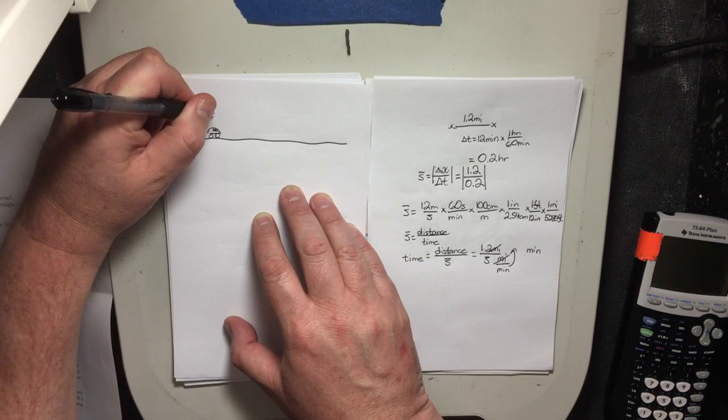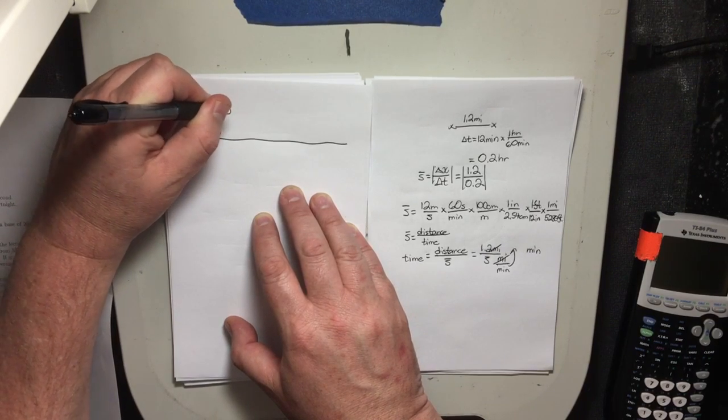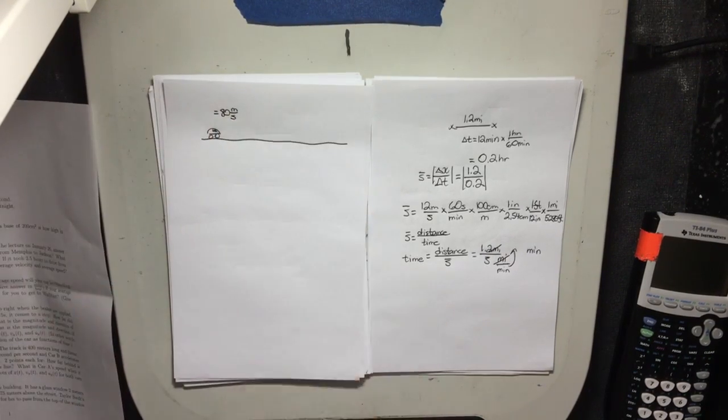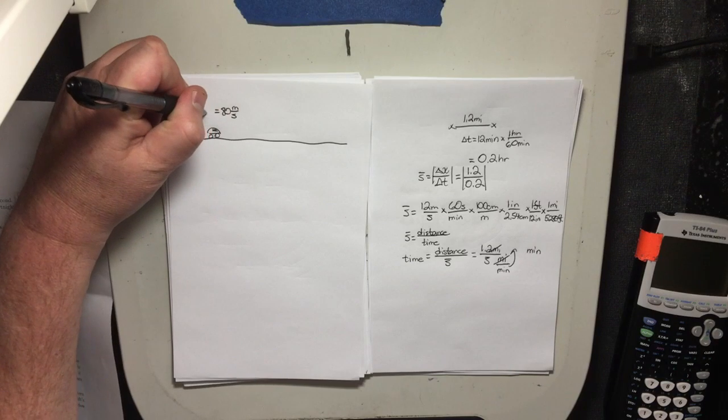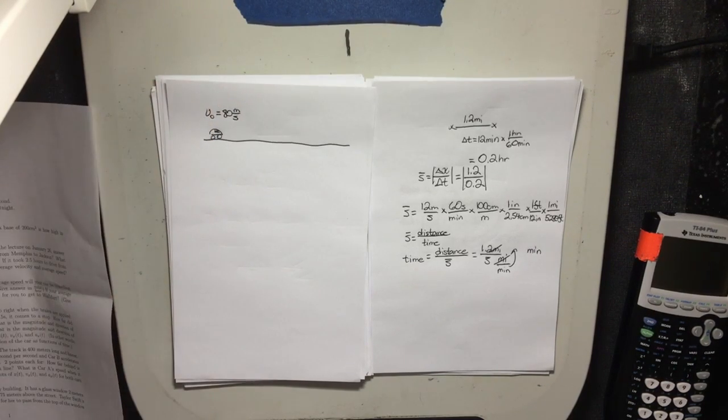So what is 80 meters per second? Velocity. More important, it is initial velocity, so it's v sub naught.